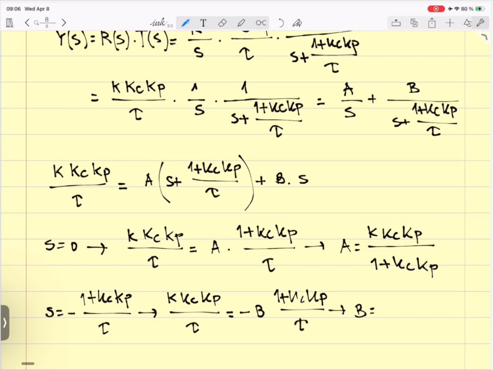So b equals minus k sub c k sub p divided by 1 plus k sub c k sub p.